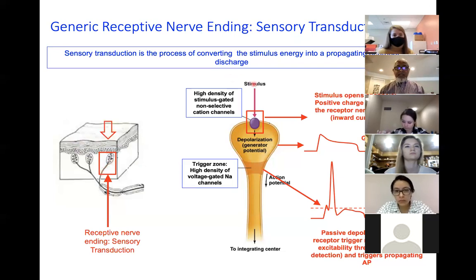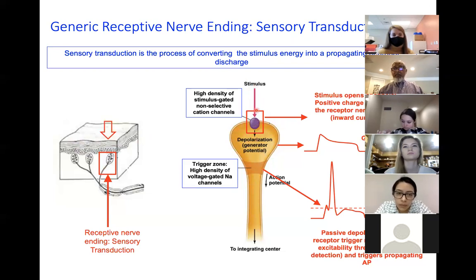So if you look at this cartoon, you see the stimulus is applied. This is a nerve ending, and the nerve ending will contain receptors, right? What is the function of these receptors? They will convert this mechanical energy into an action potential in this nerve here. So how will it do it?